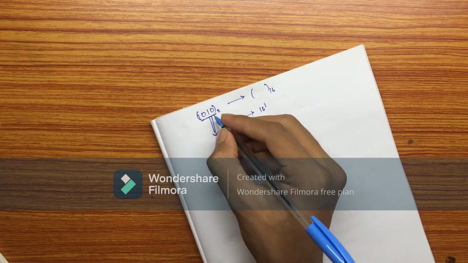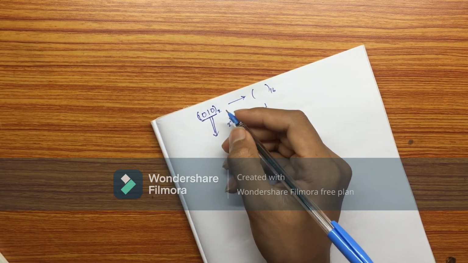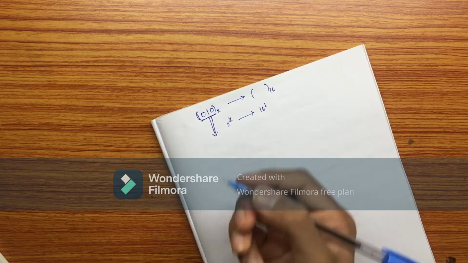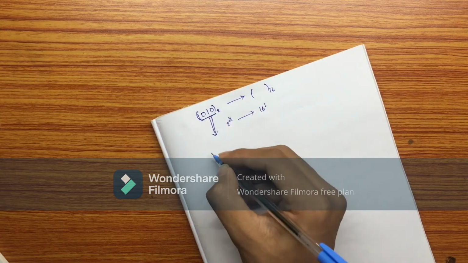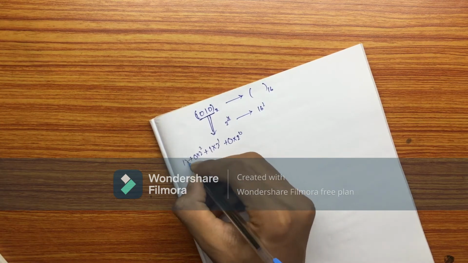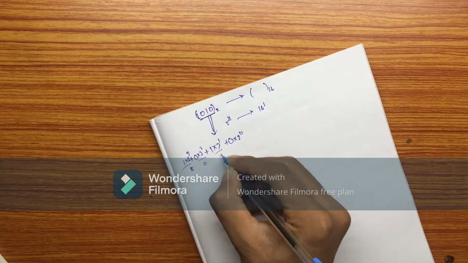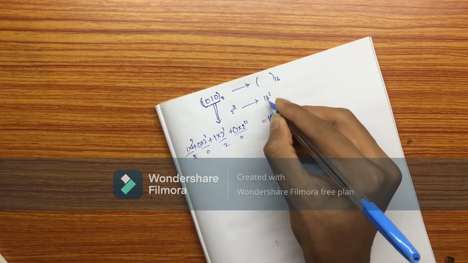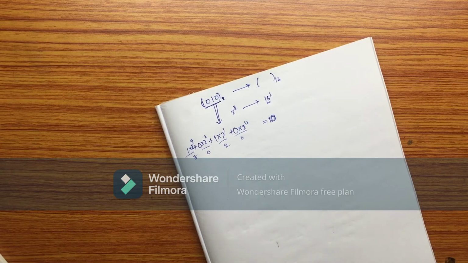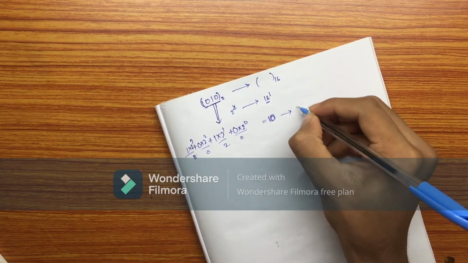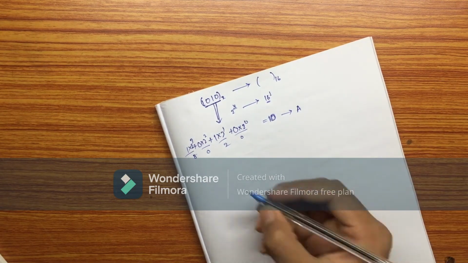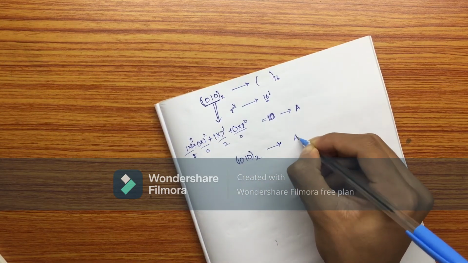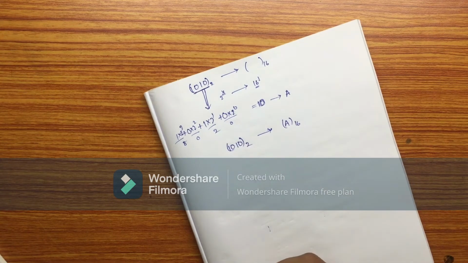It is 0 into 2 power 0 plus 1 into 2 power 1 plus 0 into 2 power 2 plus 1 into 2 power 3. This is 8, this is 0, this is 2, this is 0. So it is 10. What is 10 in hexadecimal? 10 is nothing but A. Then 1010 base 2 is nothing but A, base 16.